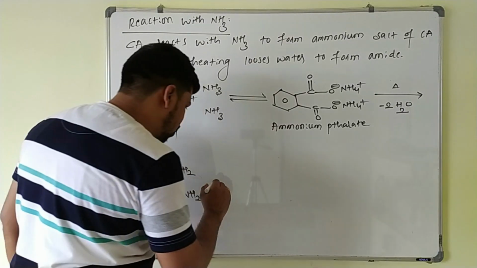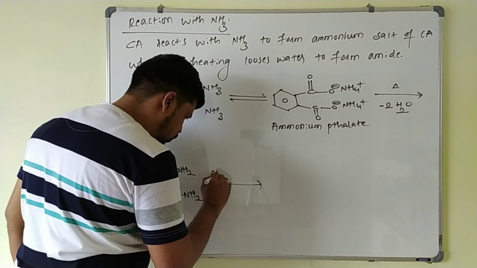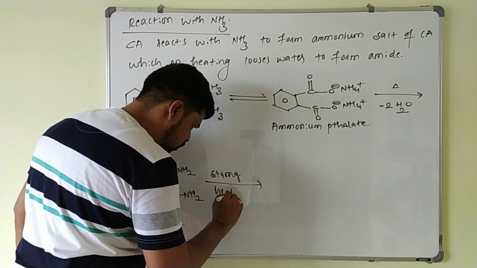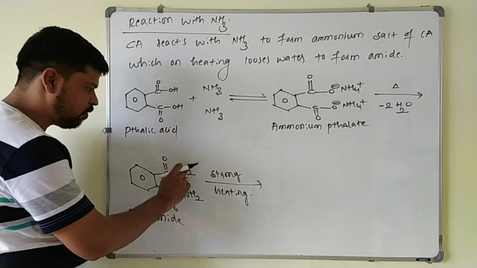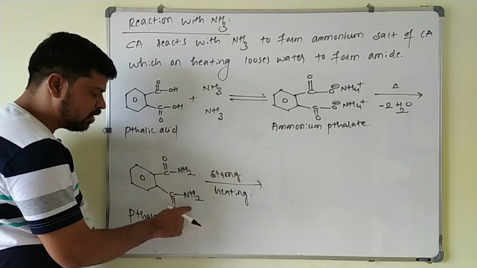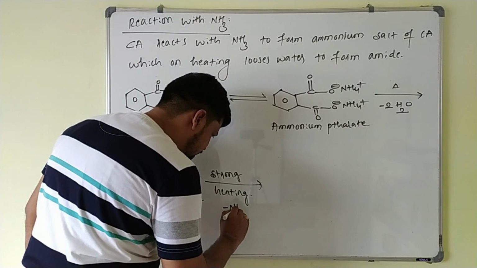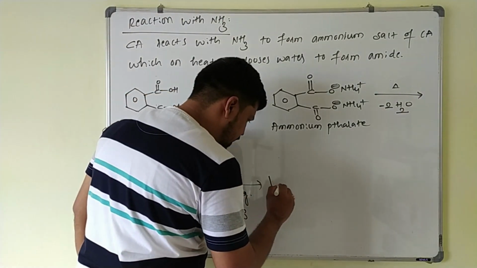This phthalimide on strong heating again, so again there is a loss of ammonia molecule between these two. Between these two, one ammonia molecule is eliminated here, minus NH3. So here this becomes phthalimide now.